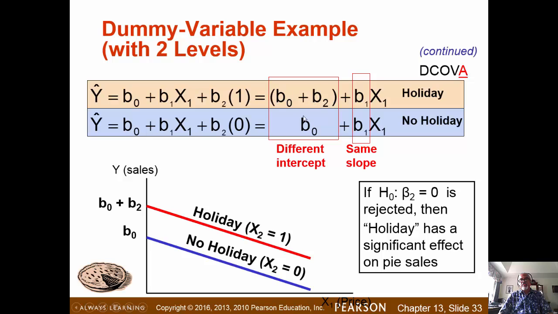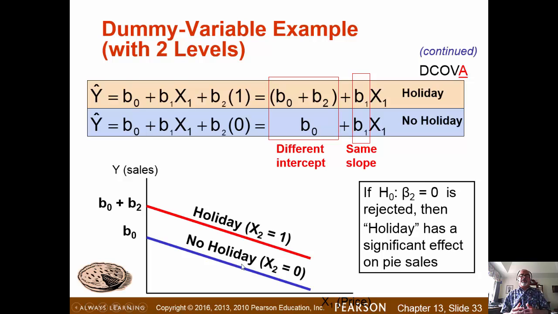In other words, b sub 0 plus b sub 2 is your y-intercept here, and b sub 1 is the slope for the line. In the case x sub 2 is 0, then you get simply b sub 0 and the same slope going this way. So one line for x sub 2 equal to 1 representing holiday, and one line for x sub 2 equal to 0 representing no holiday.